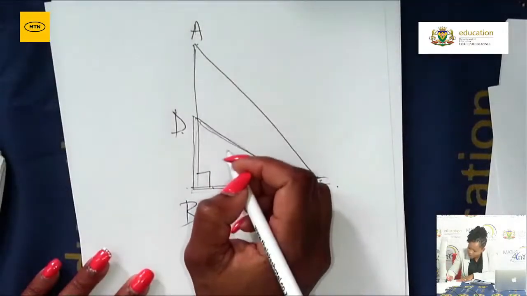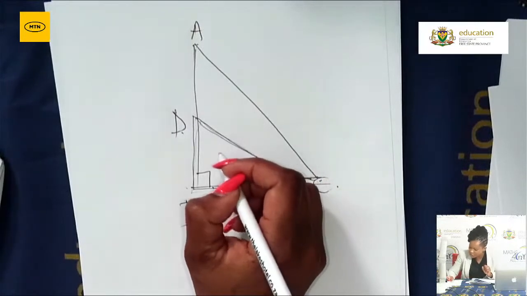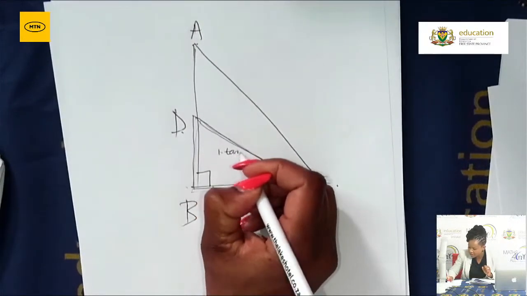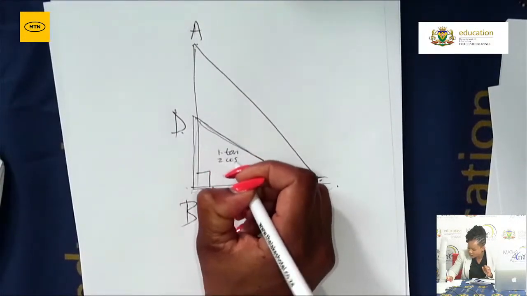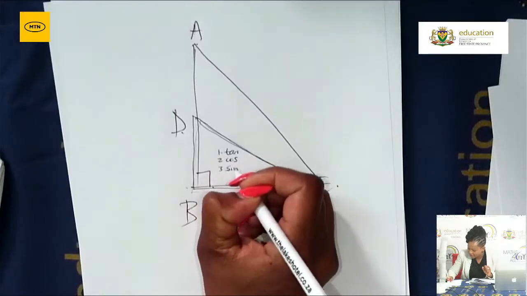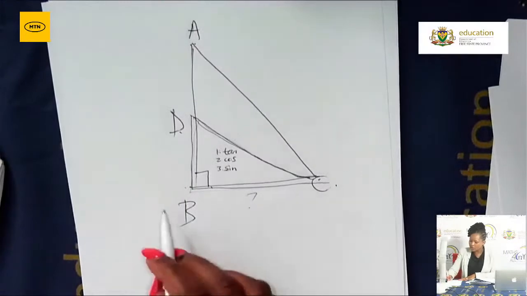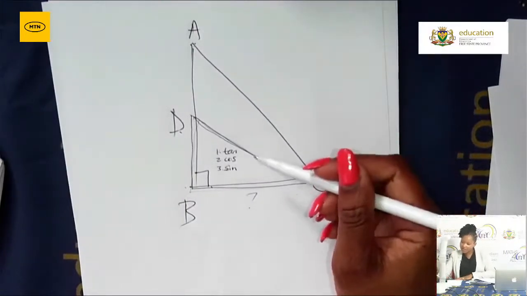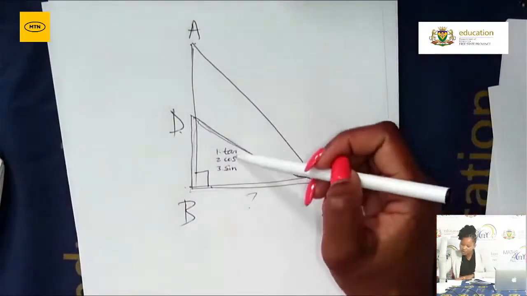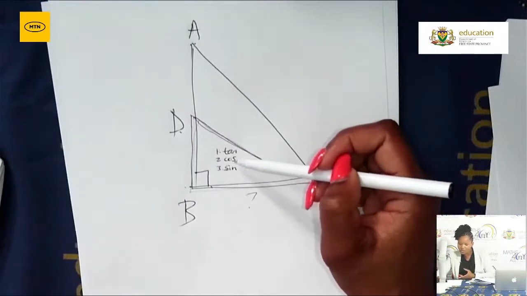This is what you are going to use. You use the trig ratios. You either use tan or cos or sine. So if we want to calculate BC, we identify the side given to us and choose between tan, cos, and sine.